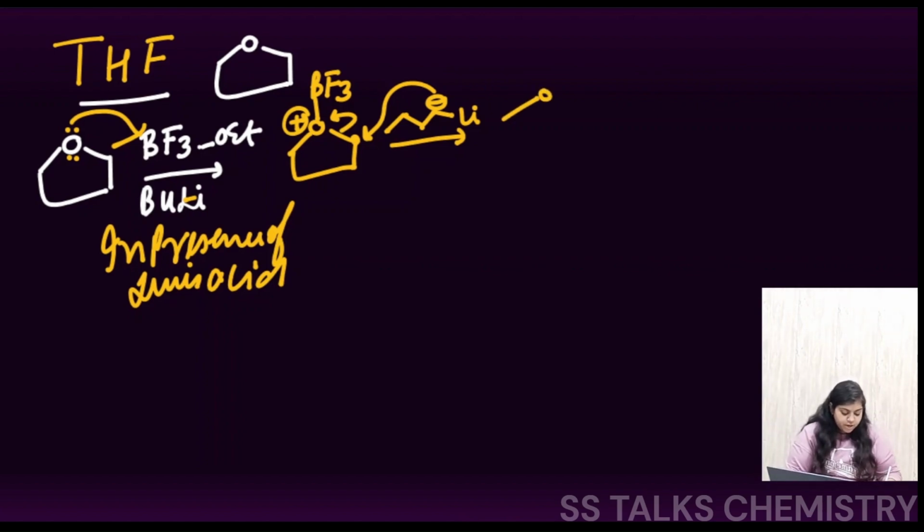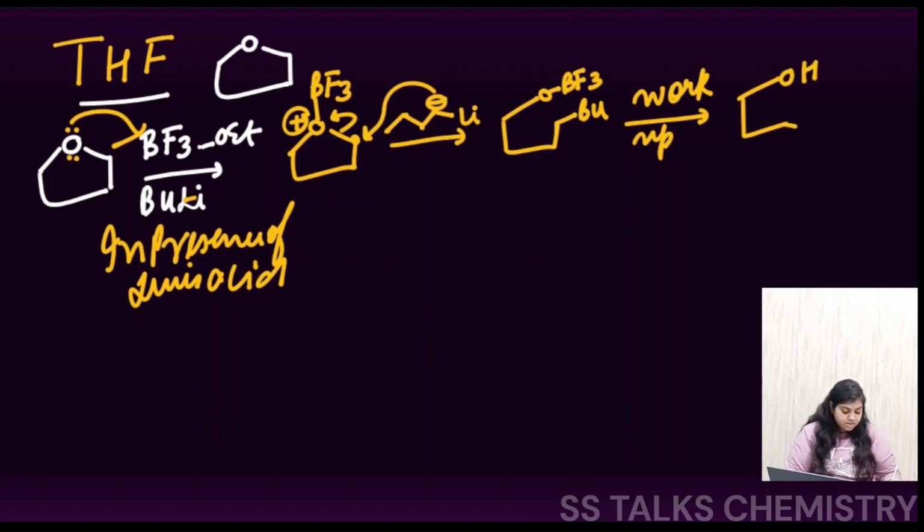So we are going to get O with the BF3, and here is this ring, and here the attack of the butyl has occurred. Now we are doing the workup of this. For that, the species here will be OH, and here is the butyl attached over it.